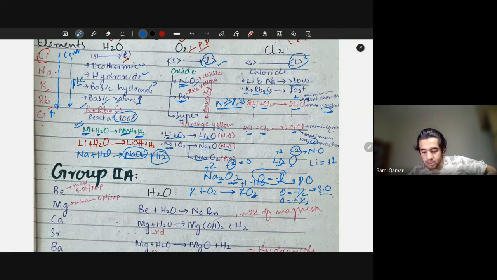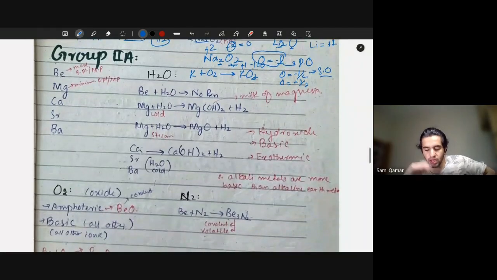Cesium chloride will be more ionic, while lithium chloride will be less ionic. Lithium chloride will be more covalent, and cesium chloride will be less covalent. So you should have this idea. That's all. Now these were the reactions you need to know about H2O, O2, and Cl2.